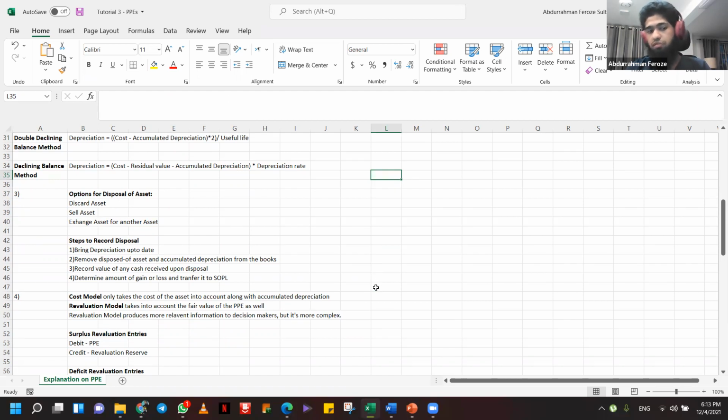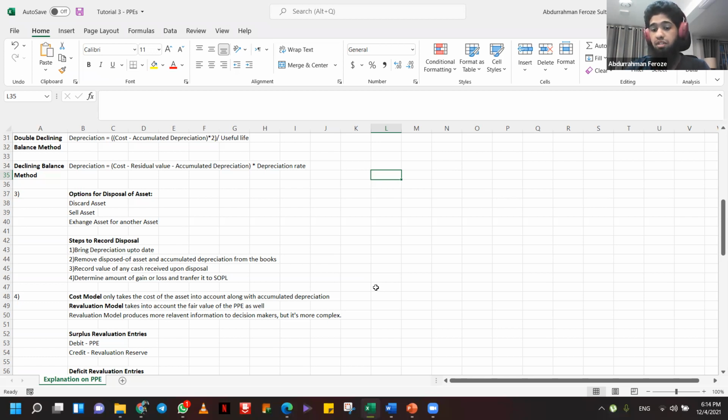So first you have to check the depreciation and bring it up to date. Secondly, you have to remove the asset and the depreciation from the SOFP. And thirdly, if you have sold it and you got money for it, you have to record that. If you didn't receive any money, then there's no money to receive.